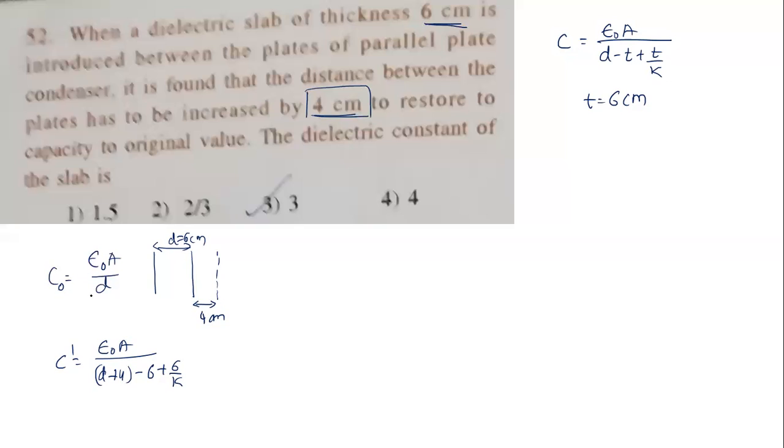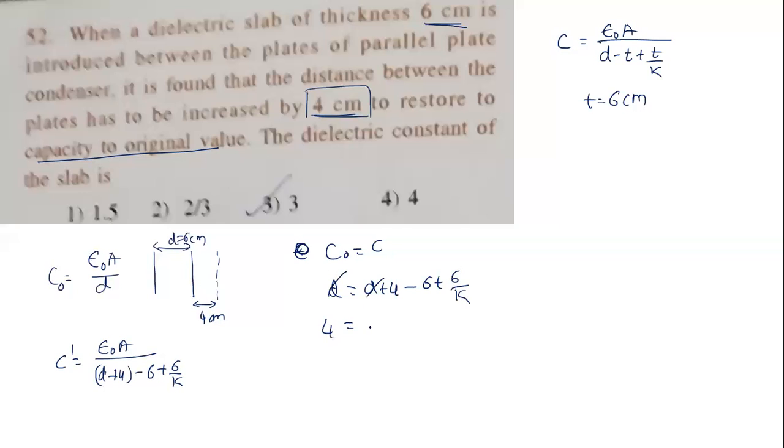Now we need to equate these two because the question says to restore the original capacity. So C naught equals C. Then D equals D plus 4 minus 6 plus 6 by K. D and D cancel.